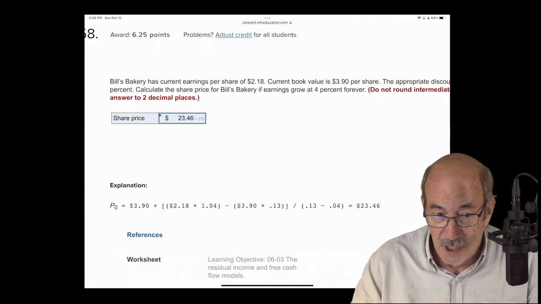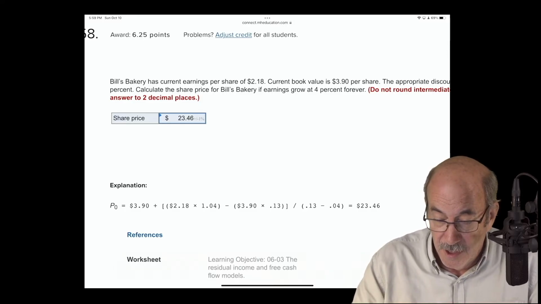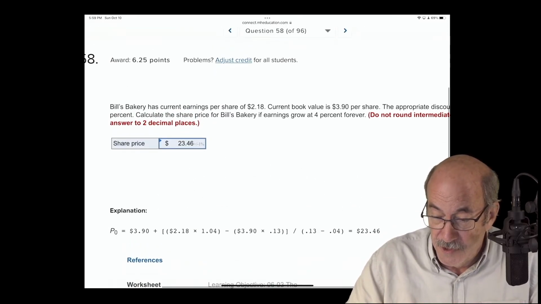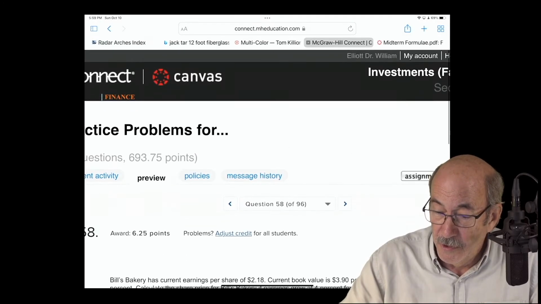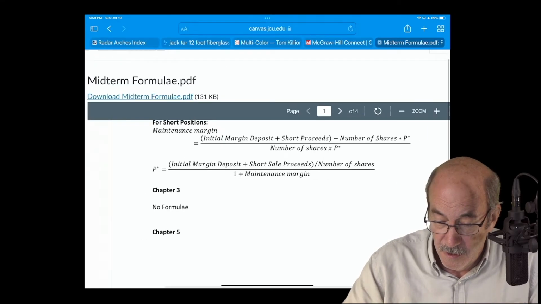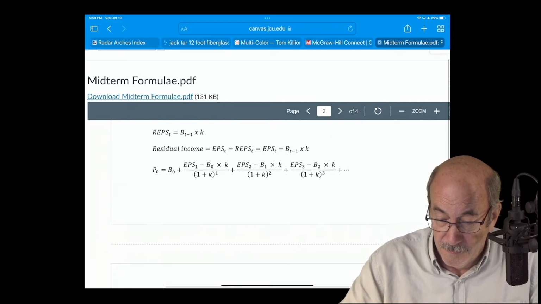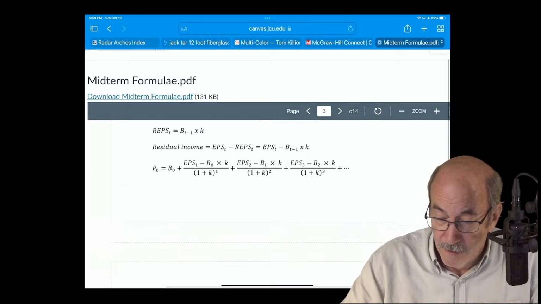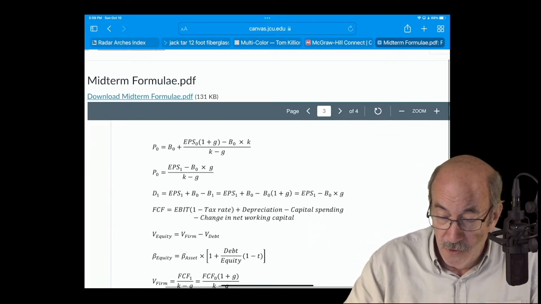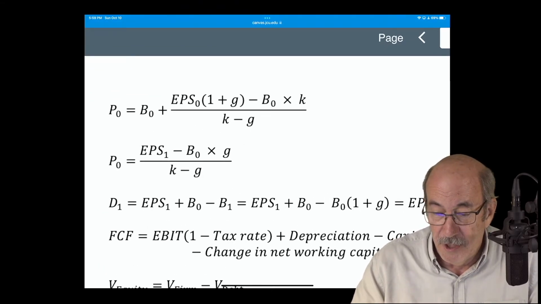So we're basically using the constant perpetual growth version of this. Let me show you the way I would approach it. Let's just go to the formula. We can use either one of these two formulas here at the top of the page.